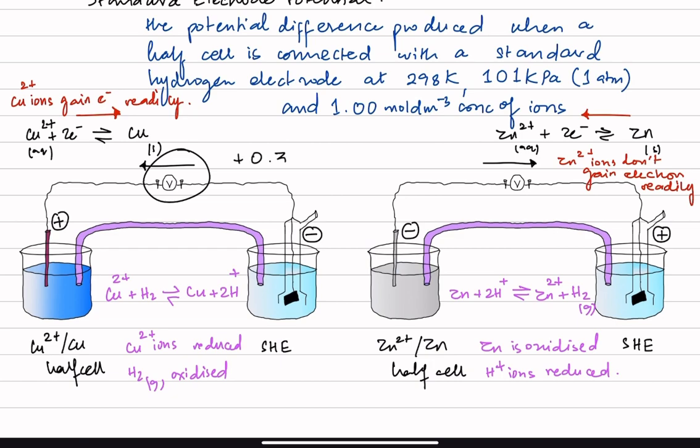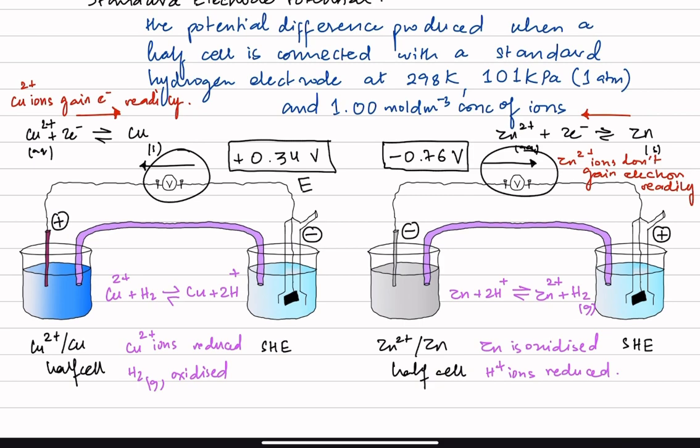On the electrochemical cell towards the left, the potentiometer reading, the potential reading, is 0.34 volt. But on the other electrochemical cell, which is between zinc and SHE, the potential reading is minus 0.76 volt. These readings are known as the standard reduction potential.